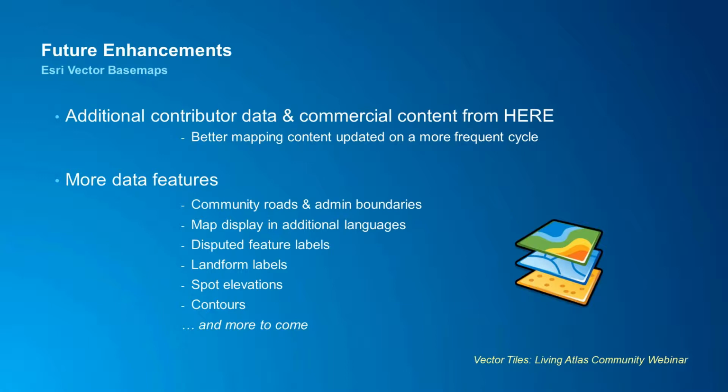Also options for disputed features. Some of you have requested showing different labels for your different country points of view, and we're looking to add that into our core tile set. Some of the other features we're adding are more from the topographic standpoint in terms of landform labels, spot elevation points, contours, as well as other features in the future.